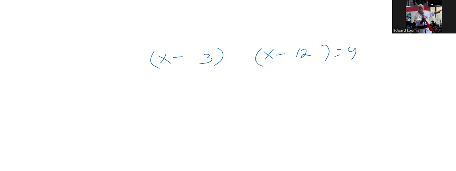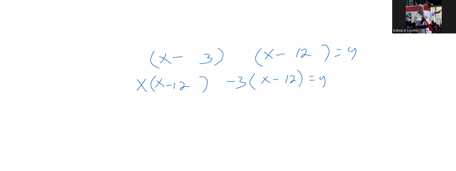Let's take the first parenthesis and break it apart. Put x and then negative 3. Take the second parenthesis and put it with both: x minus 12, x minus 12, and that's equal to y.